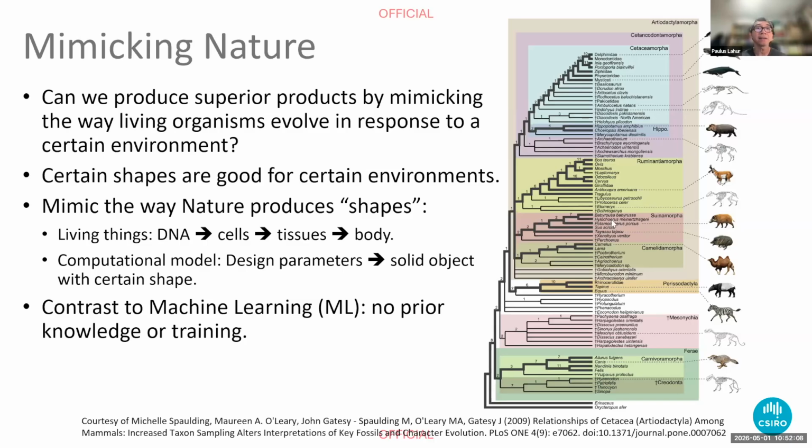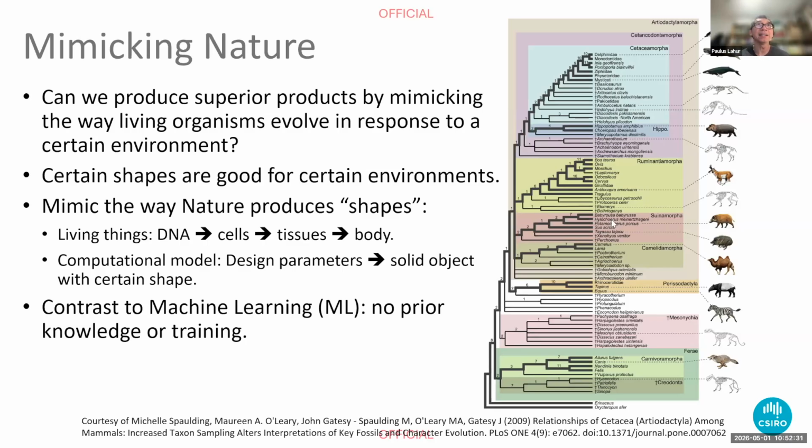And combined, they eventually become cells, cells become tissues, and tissues become the whole body, which is extremely complex. Well, in this project, we don't have time for that, so we just skip from design parameters, which is a string of floating numbers, and jump straight to the final shape.